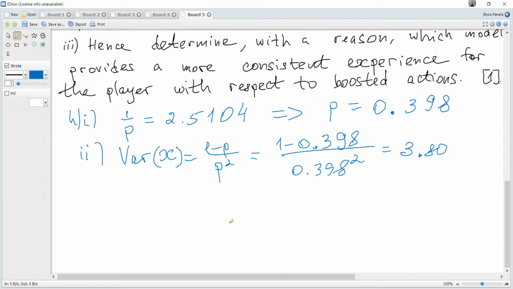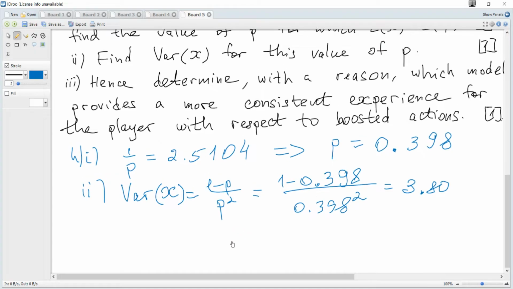It's closer to each other, or closer to the mean. So the less variance is, or the less standard deviation is, the more consistent the data is.